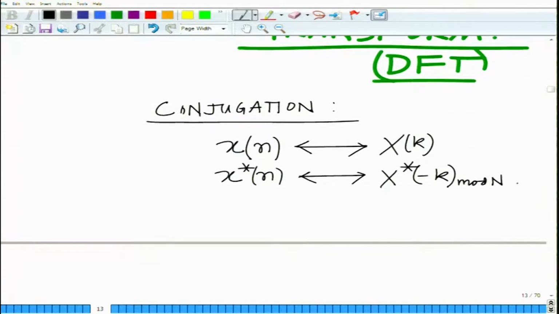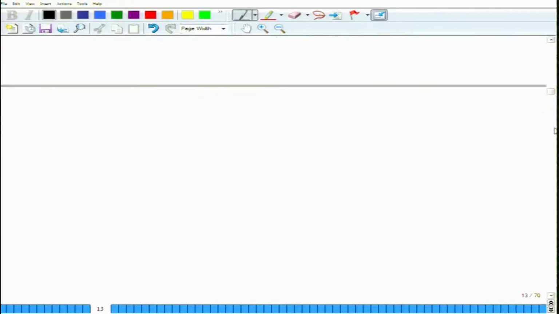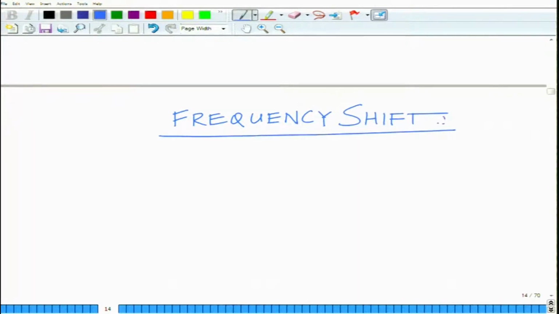Okay. The next property, again a very simple property which you can verify yourself, is the frequency shift property. Shift in time results in modulation in frequency. Naturally, as expected, modulation in time results in a shift in frequency.